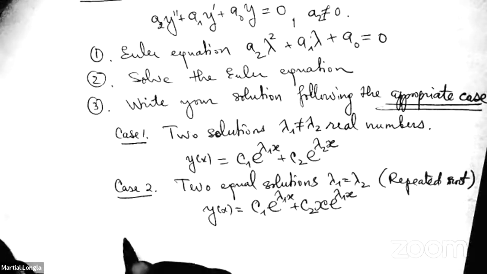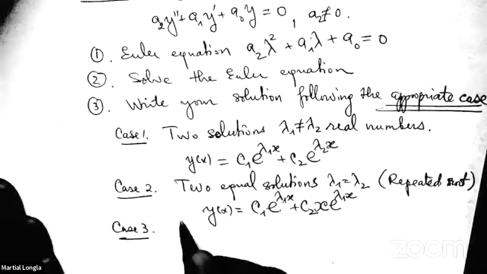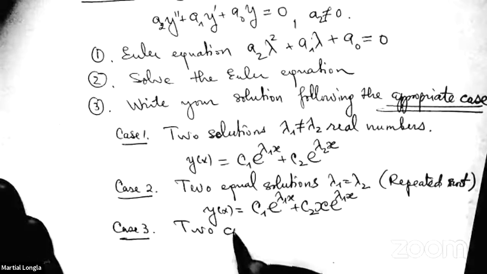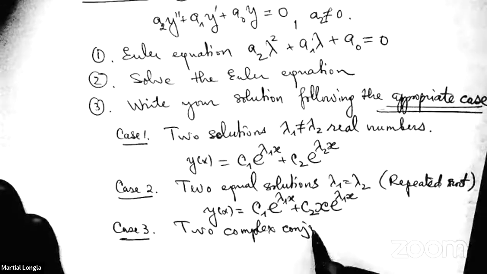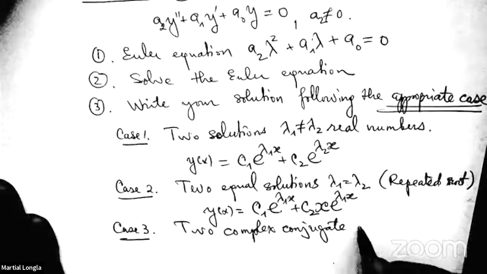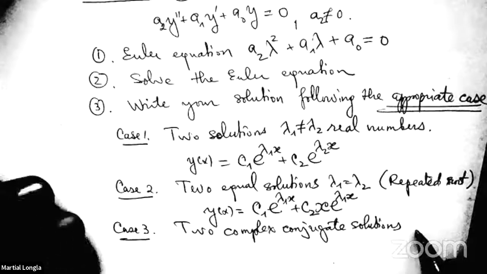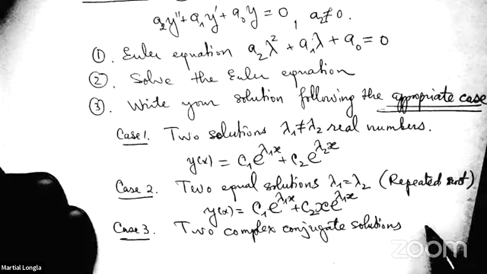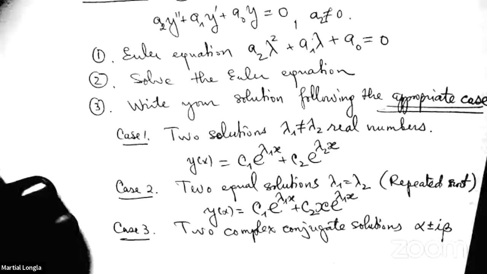And then you have a third case, two complex conjugate solutions that can be written as alpha plus minus i times beta.